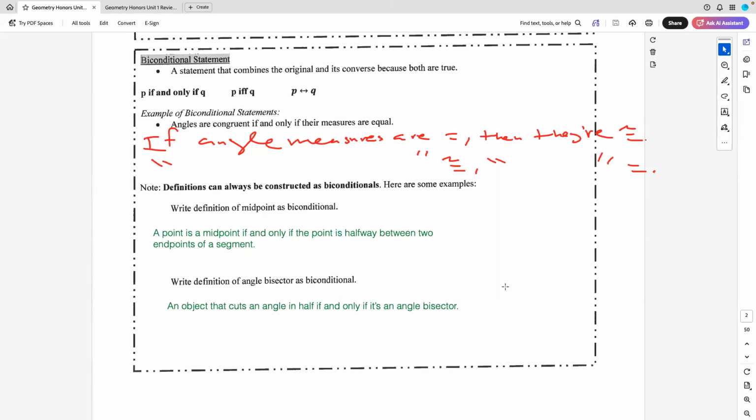Yeah, so in this case, you could reverse it. If an object's an angle bisector, it cuts an angle in half. If an object cuts an angle in half, it's an angle bisector. Both are true statements.